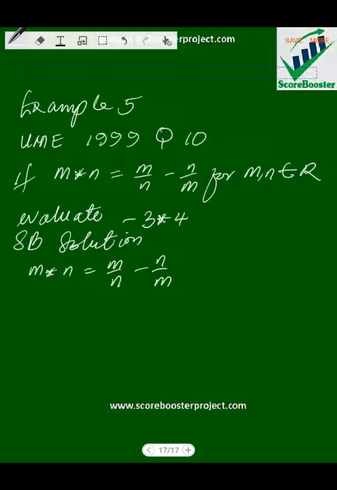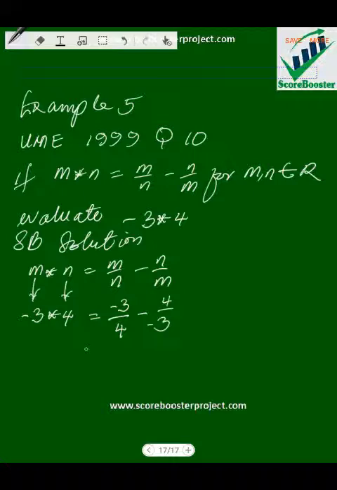So what are we gonna have here? This is the formula. So minus 3 star 4 means your m is minus 3, your n is 4. Okay, so you're gonna have minus 3 over 4 minus 4 over 3, right?